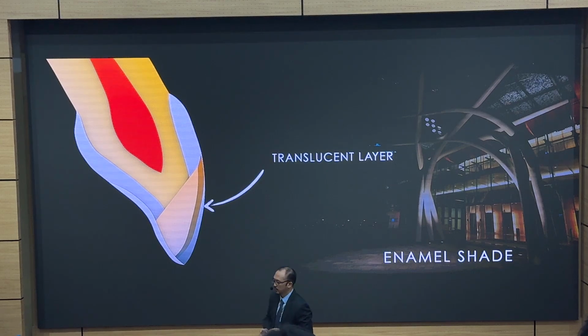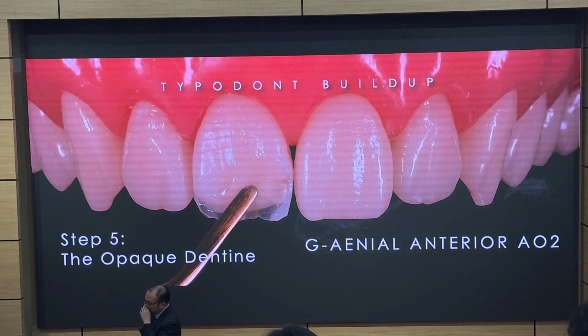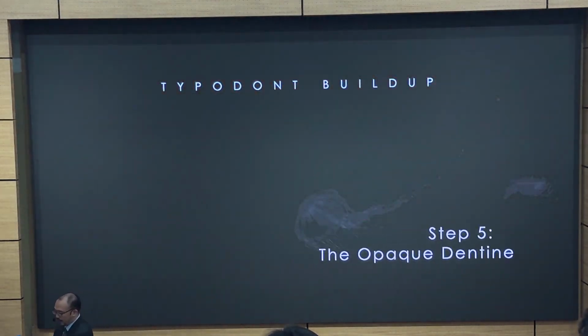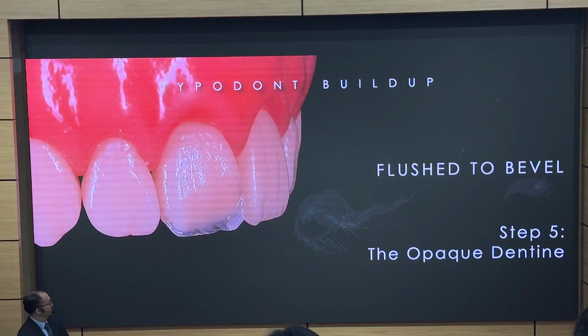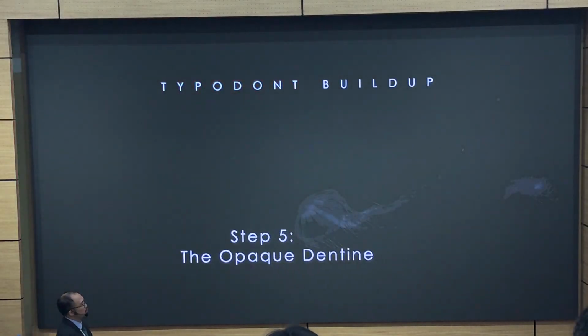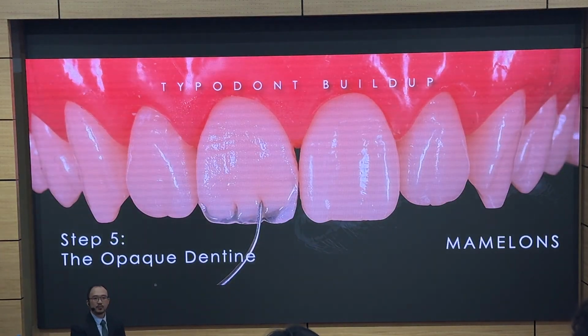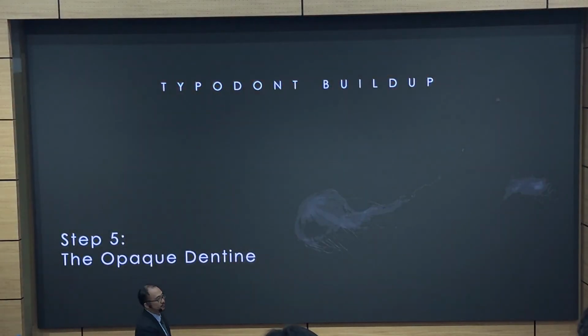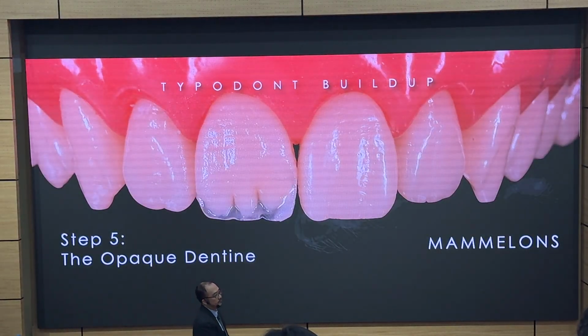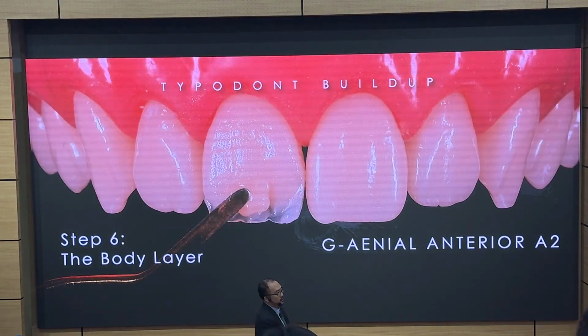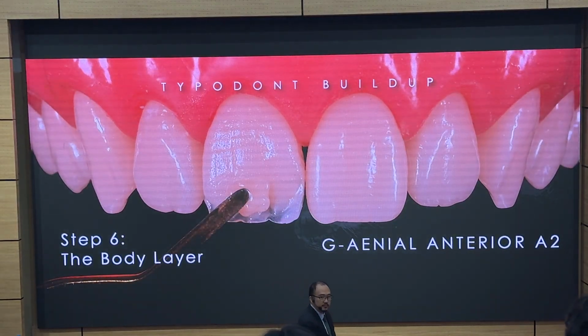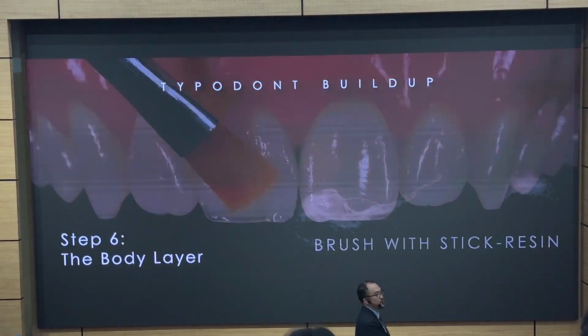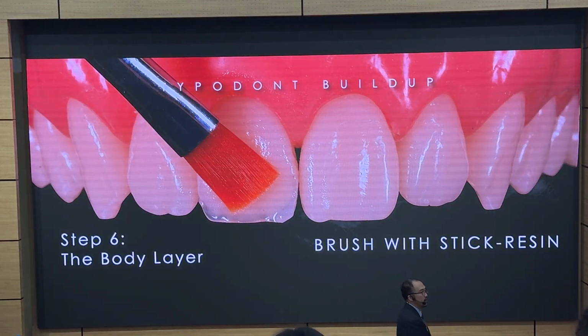Anyway, if you go back to the tooth, you add an opaque dentin layer before you light cure. This is where you add your texture, your mamelons, yeah? To create that layer of translucency. Then you add the body layer that covers most of the cervical area.